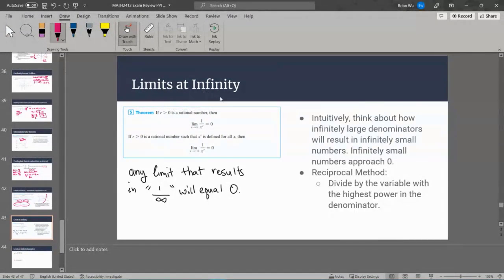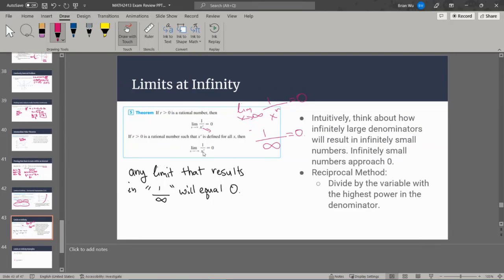And similar to limits at infinity, if you have some limit that approaches infinity, generally anything that's under a polynomial whose power is bigger than the numerator will be equal to 0. That's because as you head to infinity, that polynomial will also be infinity, and 1 over some really big number will eventually approach 0.